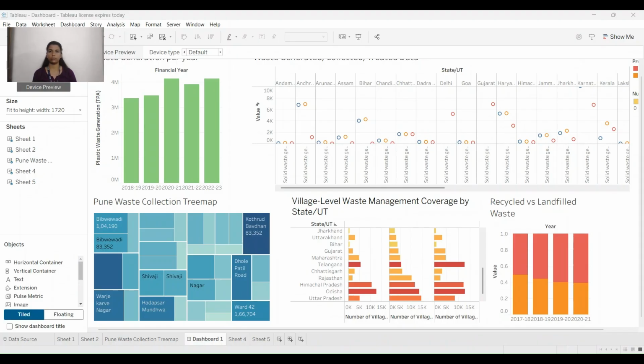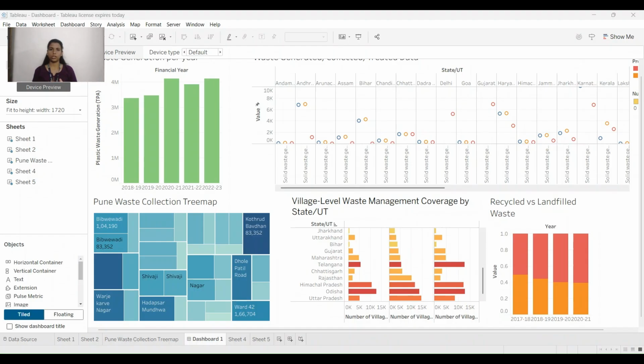The purpose of this dashboard is to monitor waste flow from generation to disposal, evaluate policy implementation under the Indian waste generation rules, and assess the progress towards SDG 11 and SDG 12. I want to present that solid and hazardous waste management directly impacts environmental pollution, urban sustainability, public health, and policy enforcement.